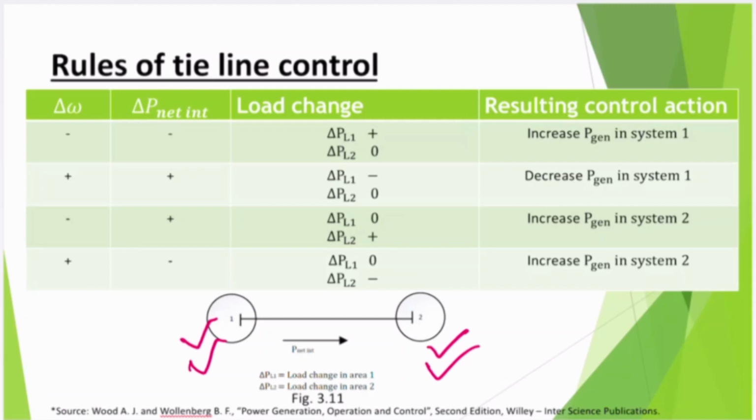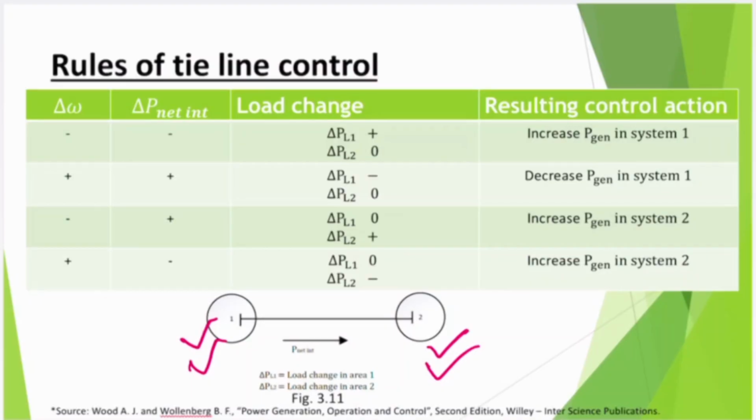If there is no change in load in machine 2, but there is a change in load in machine 1, that shows you must increase generation in system 1. Because there is no change in the second system, don't disturb it. If there is a change in load in your area 1, you have to increase the generation of area 1 to meet the load.